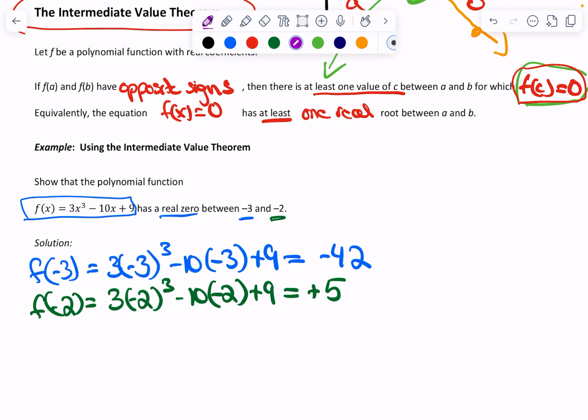So notice now that one has a negative and one has a positive, so they have opposite signs.